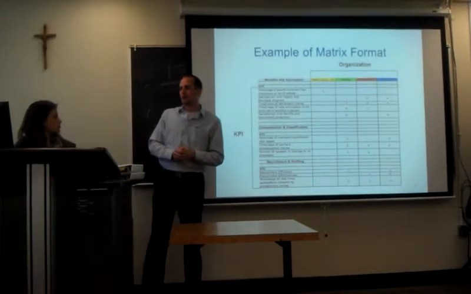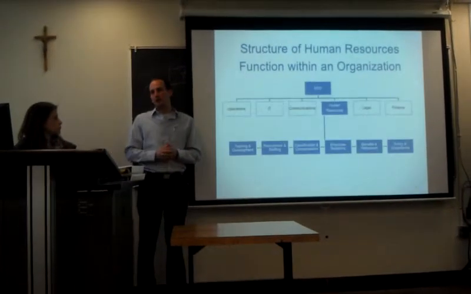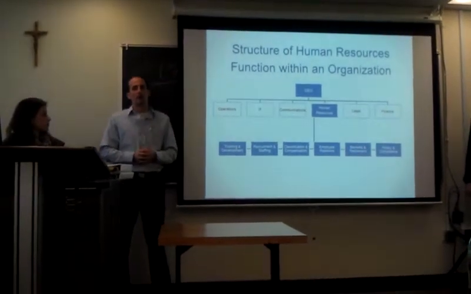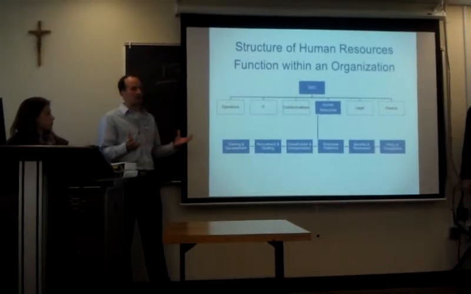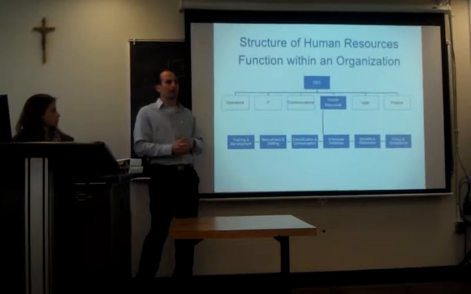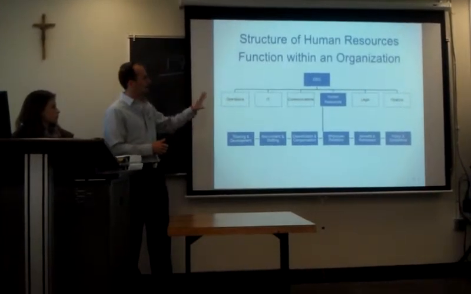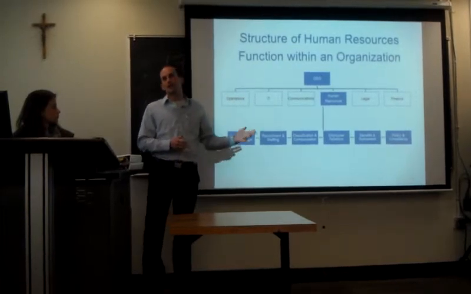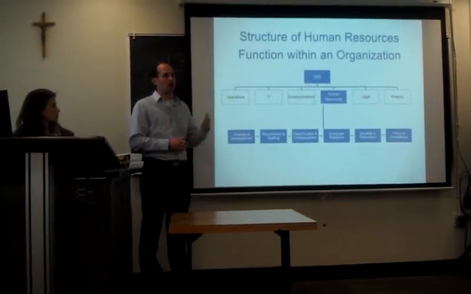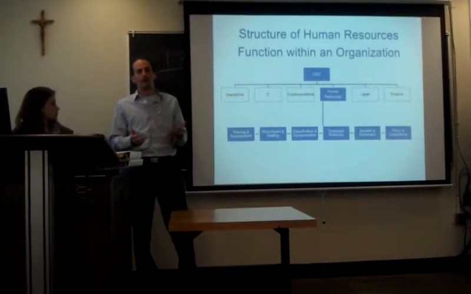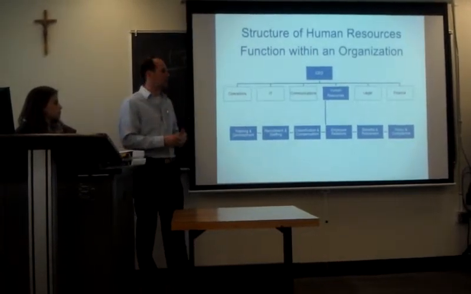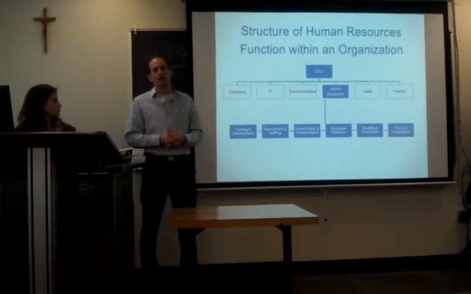Now to talk a little bit more towards our end goal, you can see here we've given you an example of an organization setup. Basically, any organization is going to have these 6 core functions at the top here, one of which is the human resources function. And within the human resources function, we found that there are usually about 6 divisions that are distinguished from one another as we've laid them out here at the bottom.